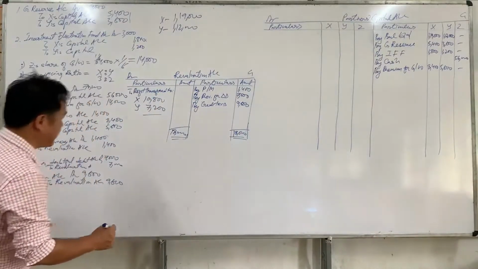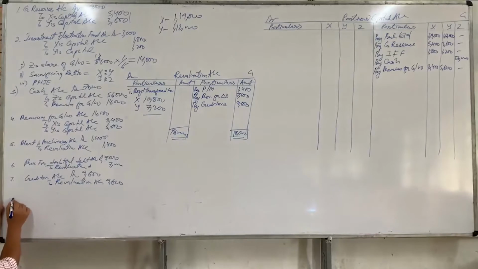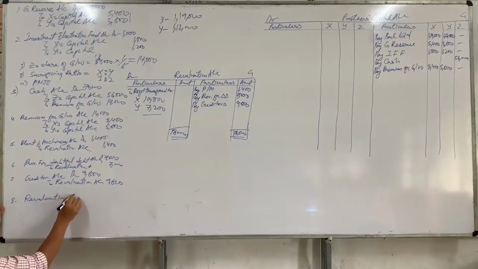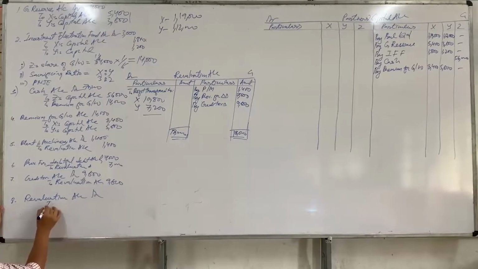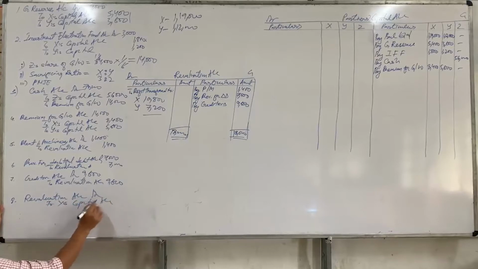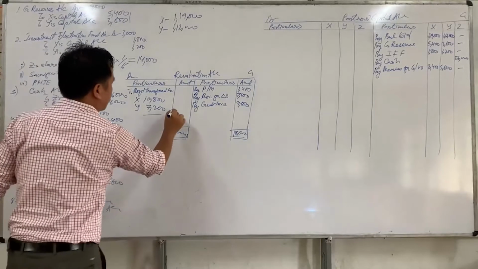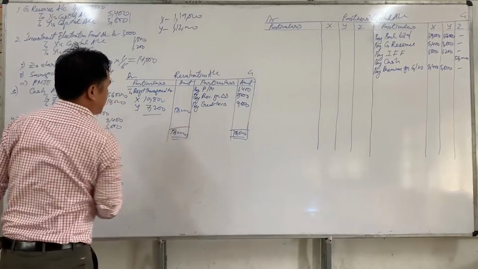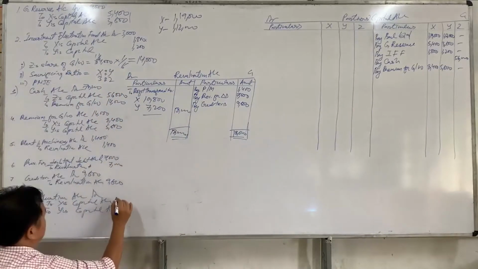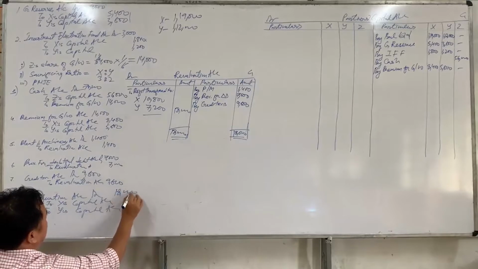The journal entry will be revaluation account DR to X's capital account and Y's capital account. What is the amount of revaluation? In total we have 18,000. Here I forgot to write this also.